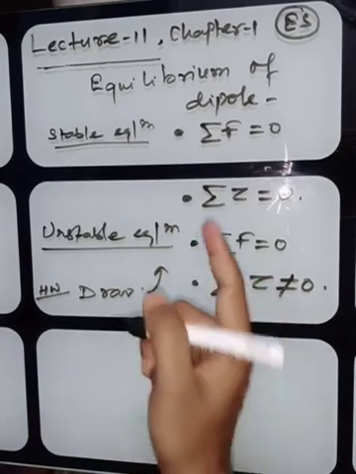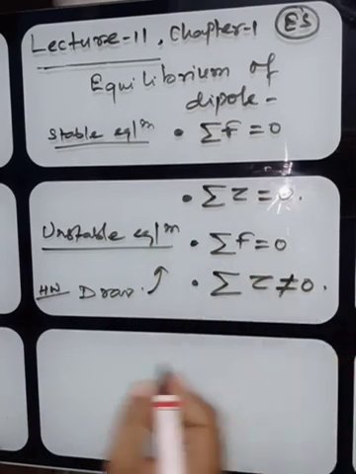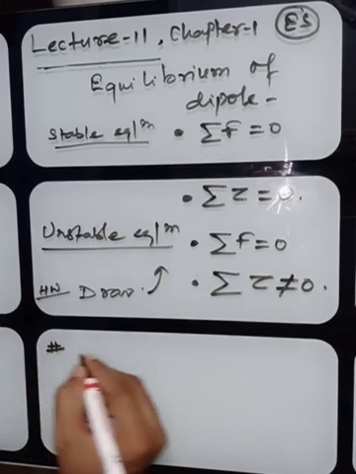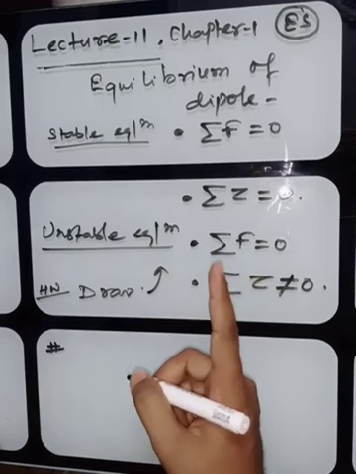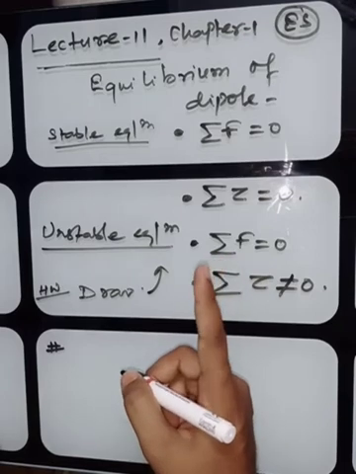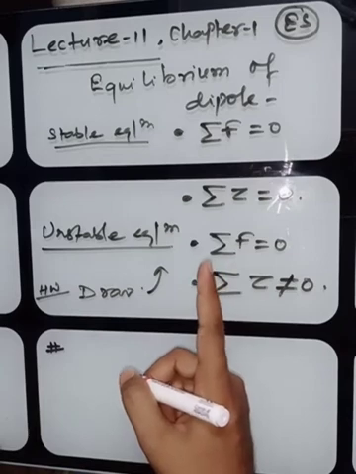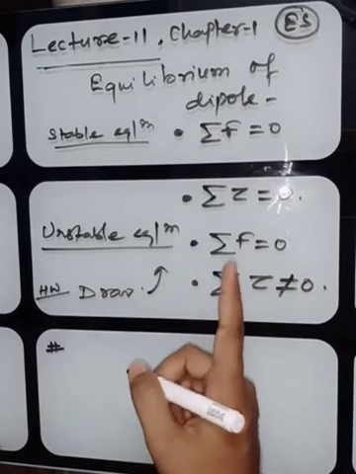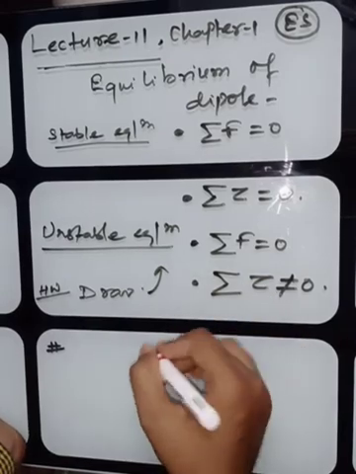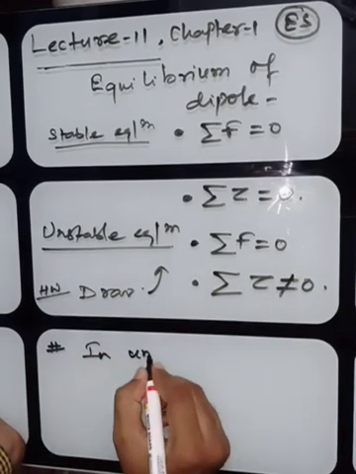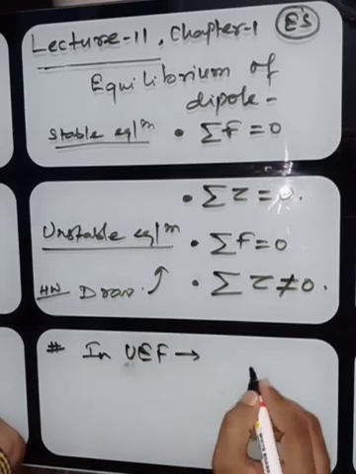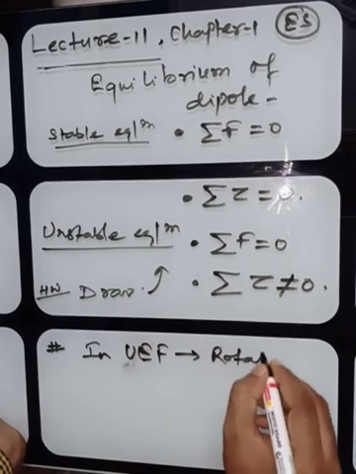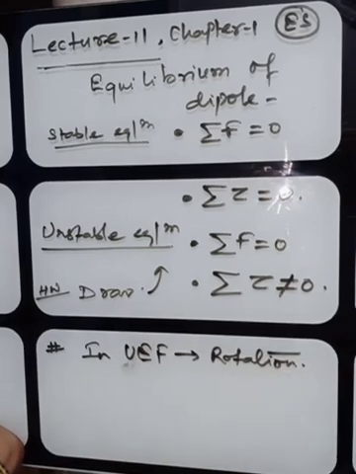And the last point about this: if the field is uniform, then the dipole performs only rotational motion about the center. Kindly note down, in a uniform electric field, only rotational motion will be performed by the dipole.